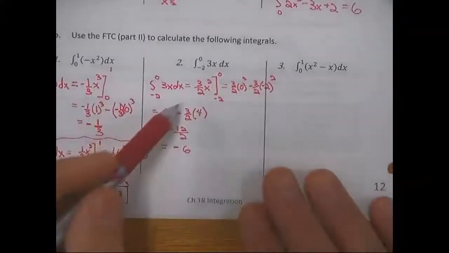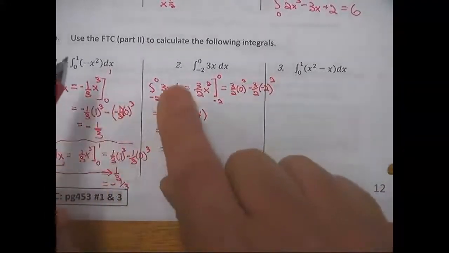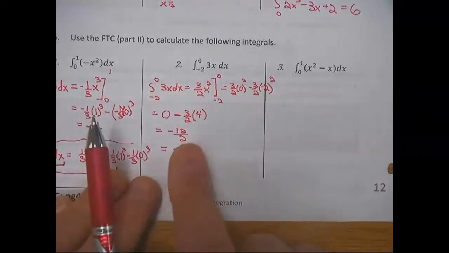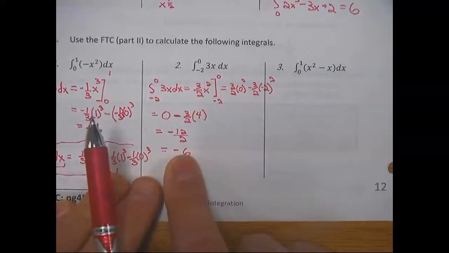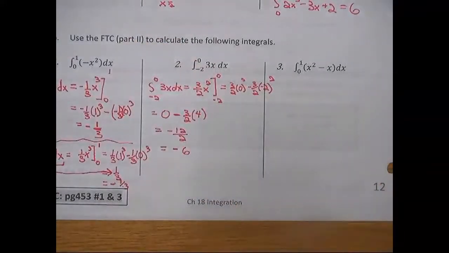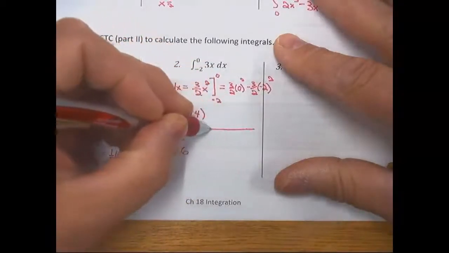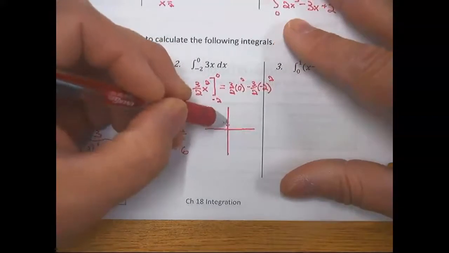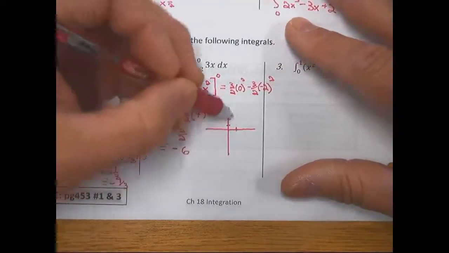Okay, now, this represents an area. How can area be negative? Below the x-axis. Very good, right. So if you were sketching this, we would sketch the graph 3x. 3x just has a slope of 3 up, 1 right.